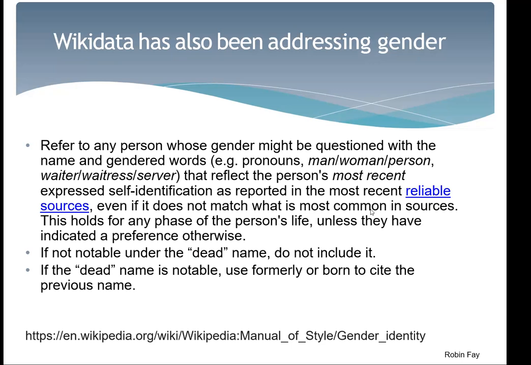They do have some very specific guidelines, and one that I think is really important is that if the person was not notable, so if there was nothing really published about that person under their dead name or their previous name, then not to include it at all. So they really are trying to have a much more nuanced approach to thinking about names.